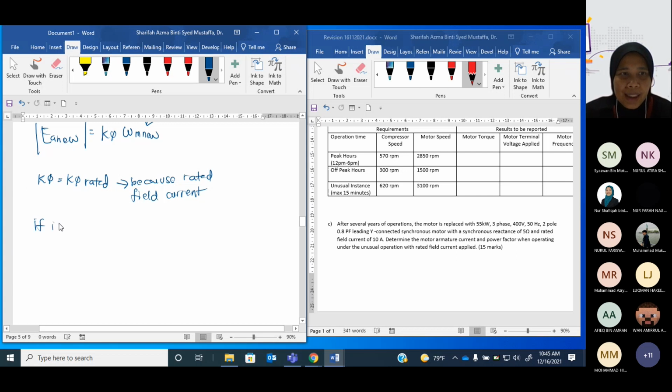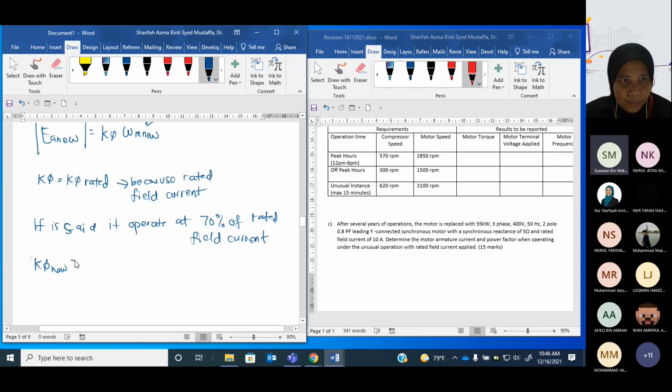If it said it operate at 70% of rated field current. So now what will be your K flux? What will be your K flux new ni? Darab 0.7. Jadi 0.7 K flux rated. Macam tu ya.